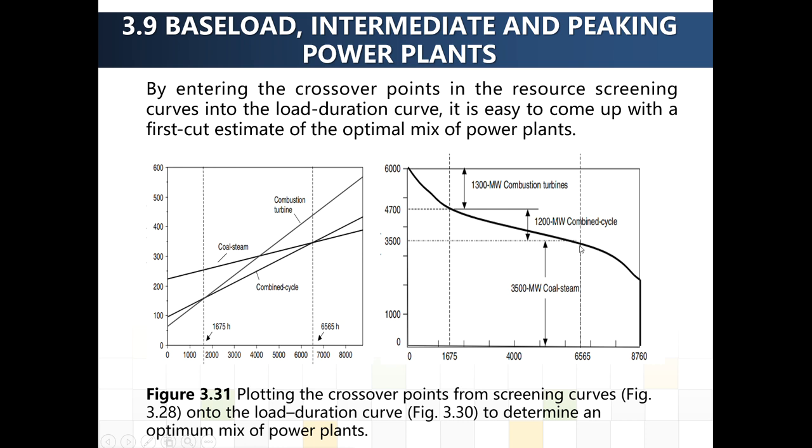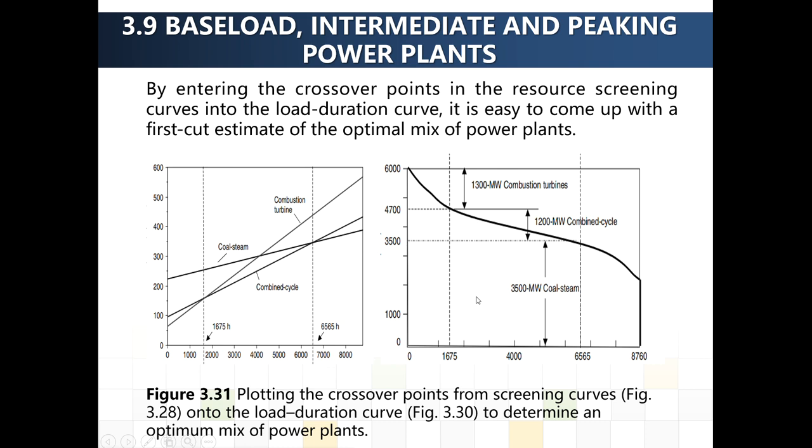Now for hours above 6565, those are the area where coal provides the cheapest solution. Which means there's a 3500 megawatt load that needs to be served by the coal power plant.